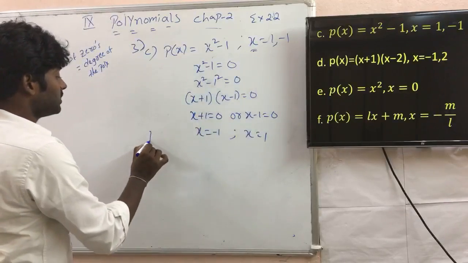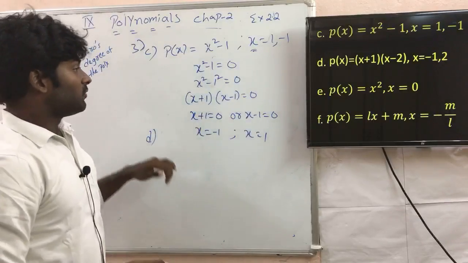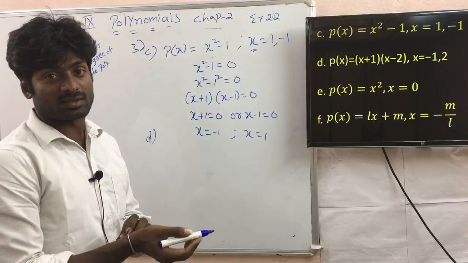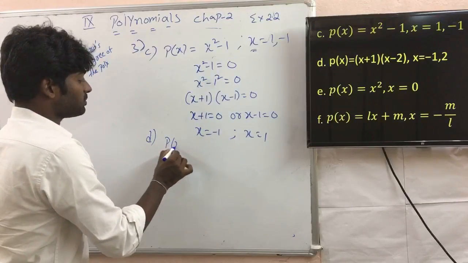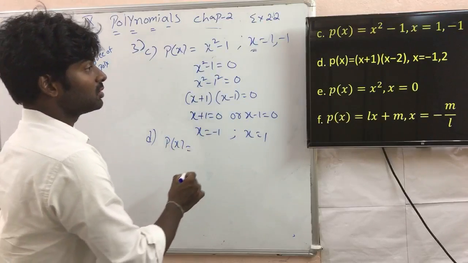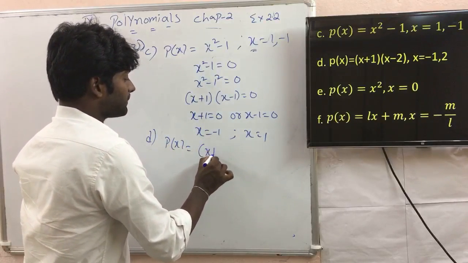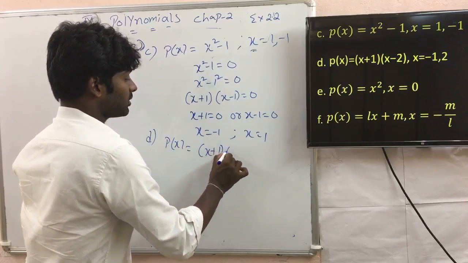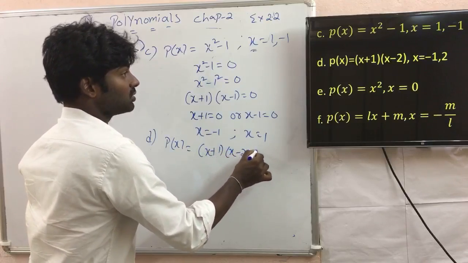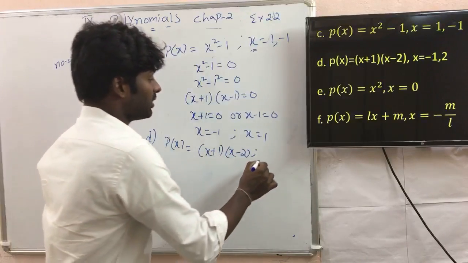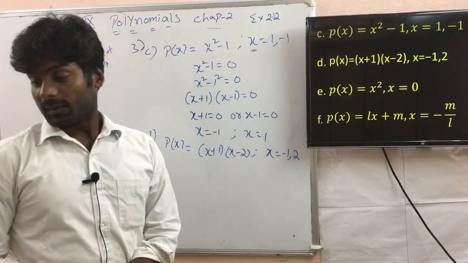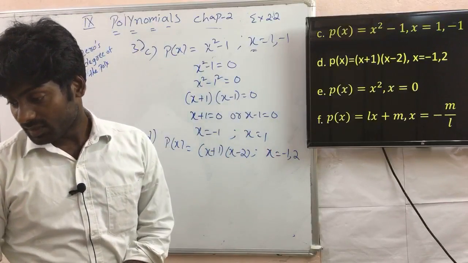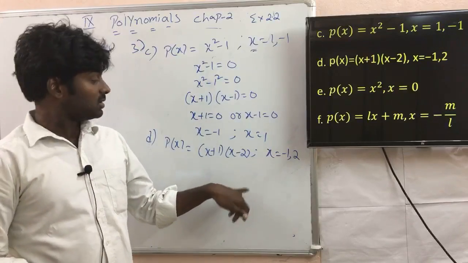Okay. Now fourth sum in the third main, same exercise 2.2. The polynomial is p of x equals to x plus 1 into x minus 2 and the zeros are given by x equals to minus 1 comma 2. Say whether yes or not.